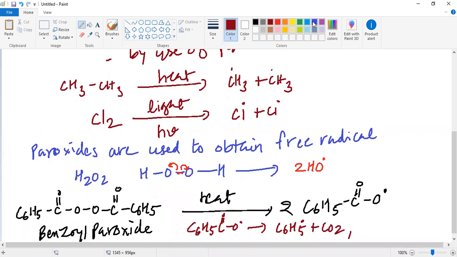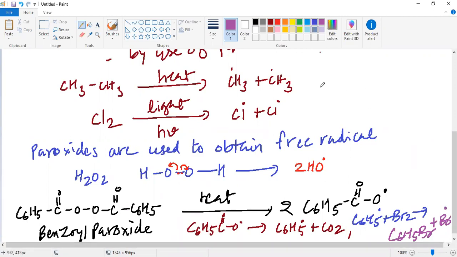And my dear students, this C6H5 free radical, if it reacts with Br2, it may give us C6H5Br plus Br free radical.